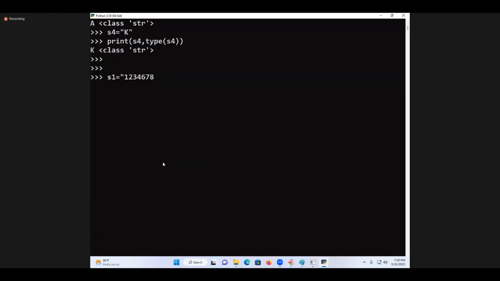Some number you enter, which is actually int type. But I am writing it within quotes. What is that? str. Print s1 comma type of s1. Very, very important. What is this type? str.